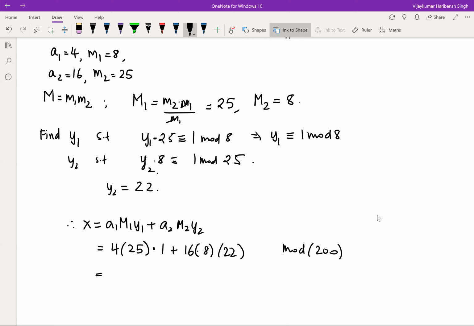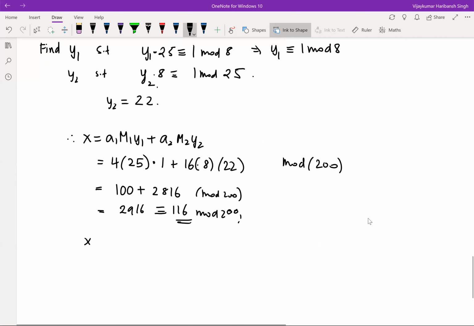You can check that this is 100 plus 2816 mod 200, that is 2916, which is congruent to 116 mod 200. So the solution is x congruent to 116 mod 200.